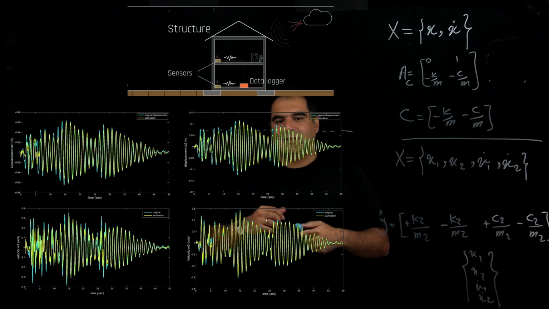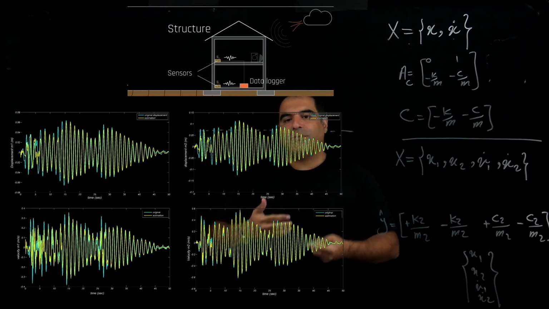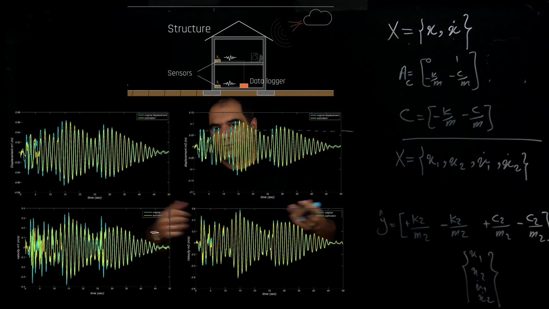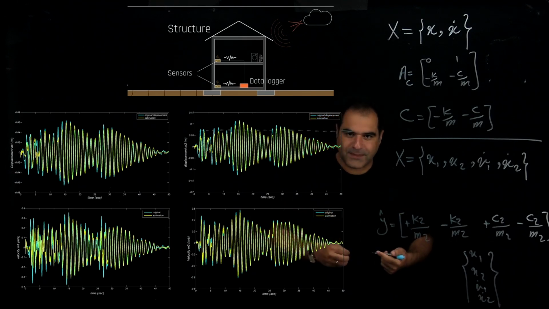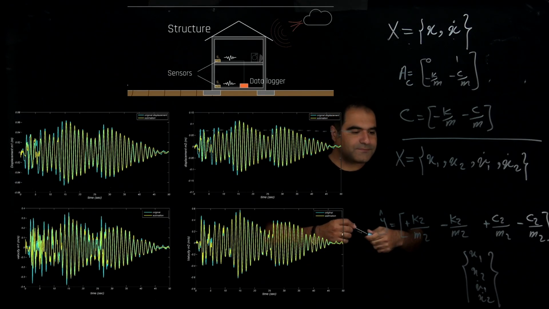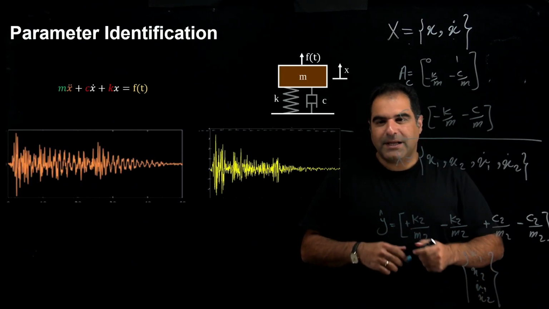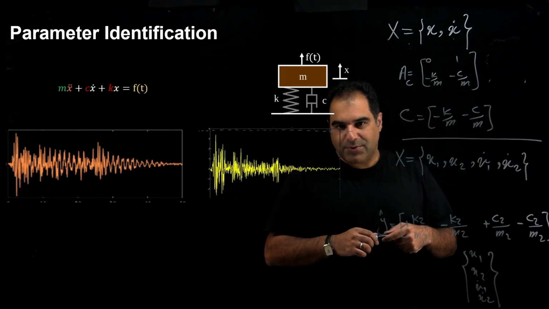This is the threshold that exceeds the allowable limit for this building. Then you can use this for your reliability analysis or damage quantification and damage identification in the building. You see, right now I explained how we can use Kalman filter for a simple state estimation problem.